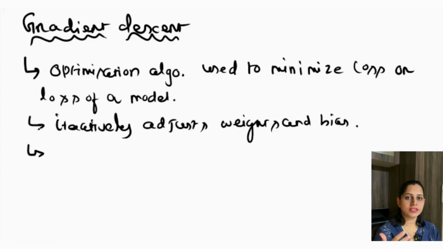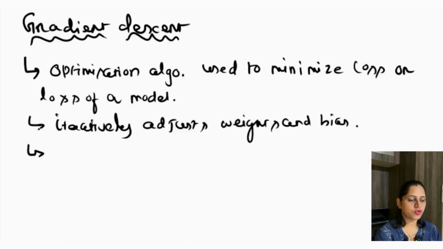You need to check the slope while coming down, correct? When you feel the ground underneath your feet, you feel, okay, I am reaching ground level, and there it ends. That step is happening iteratively. You think, I have to take another step, and you feel the slope as you go down. That is the same concept as gradient descent.